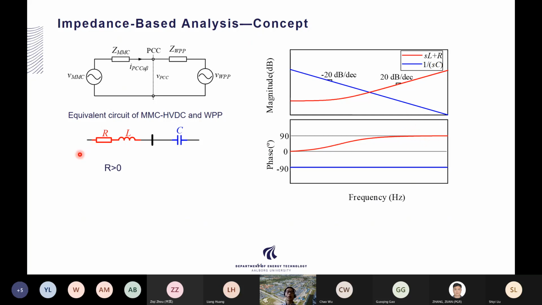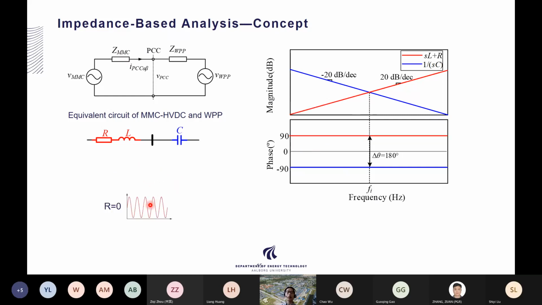And of course, we know that if there is any positive damping, for example this positive resistor, the system will always be stable. From the Bode diagram, this means the phase angle difference at the magnitude intersection point will be less than 180 degrees. In that scenario, any oscillation would be damped.